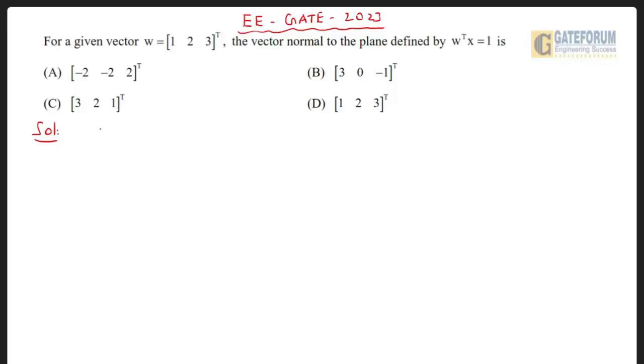So X I can take as a column vector. Given vector W is equal to 1, 2, 3 column vector.